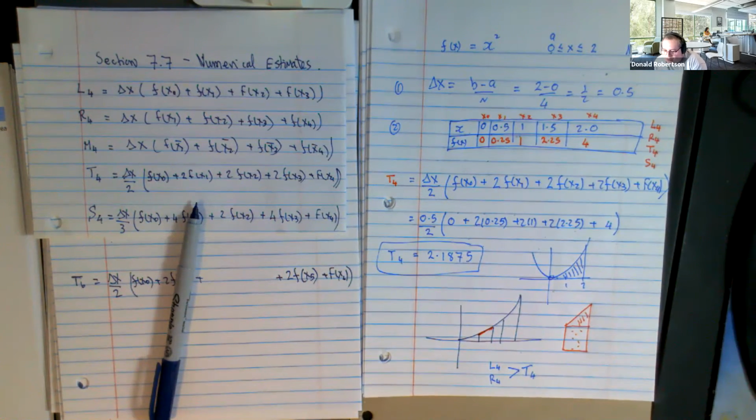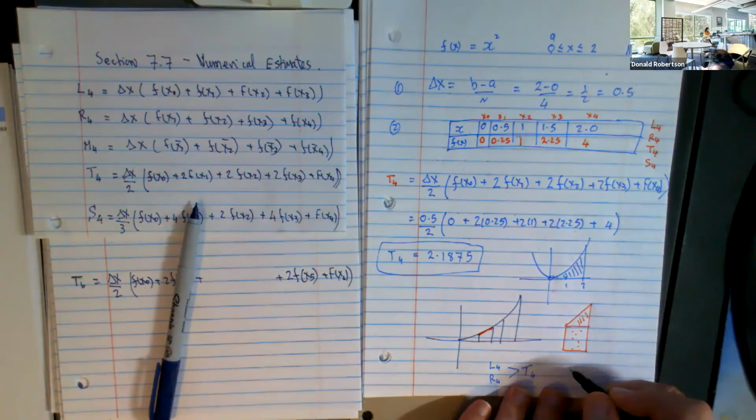So for any given number of strips, T10 will always give you a better answer than a left 10 or a right 10. So I guess now that you know that, you probably won't do a left 10 or a right 10, will you? You'll always do a T10, right? Because, you know, for that amount of work, you might as well get the best answer you can get.